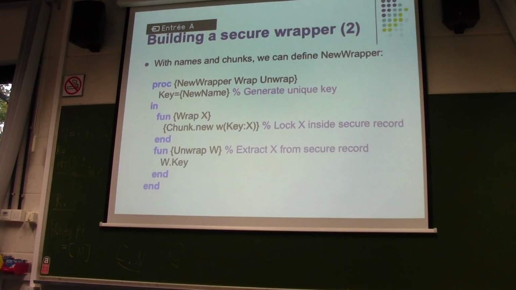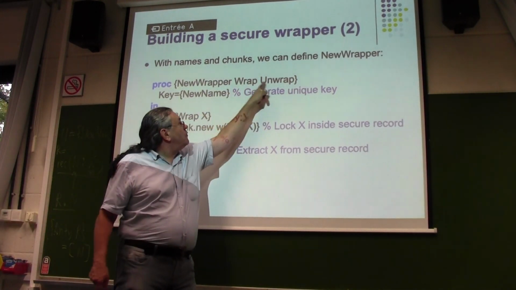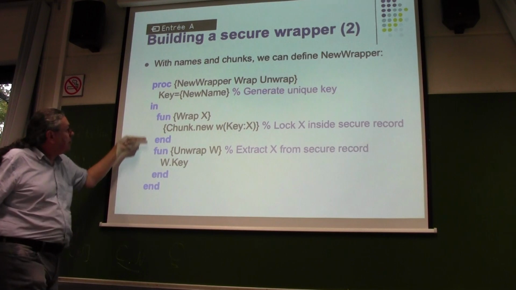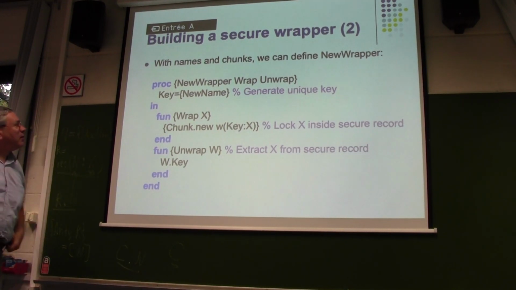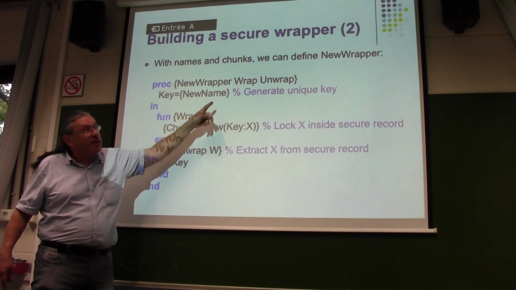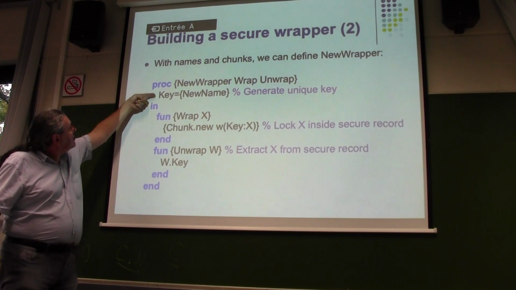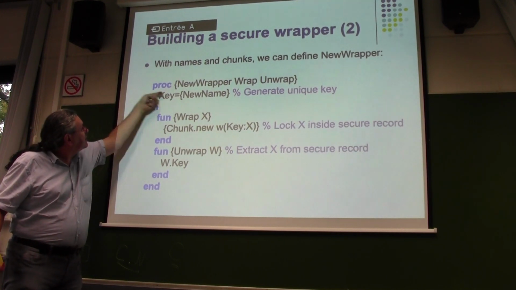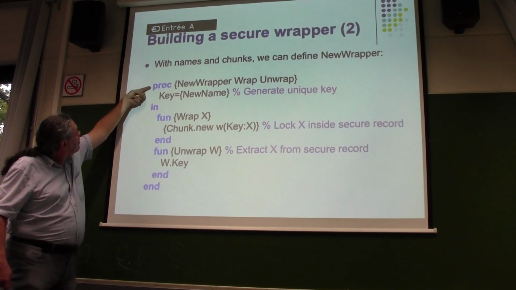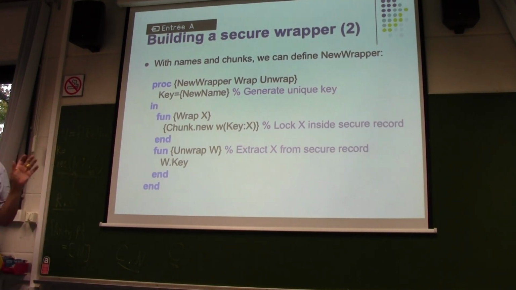So here is how you can define NewWrapper. NewWrapper is a procedure. It returns these two functions, Wrap and Unwrap. So how does it work? First of all, internally it creates a new key, a new name. And the lexical scoping guarantees that the key is only visible between proc and end, so nobody else can know the key.